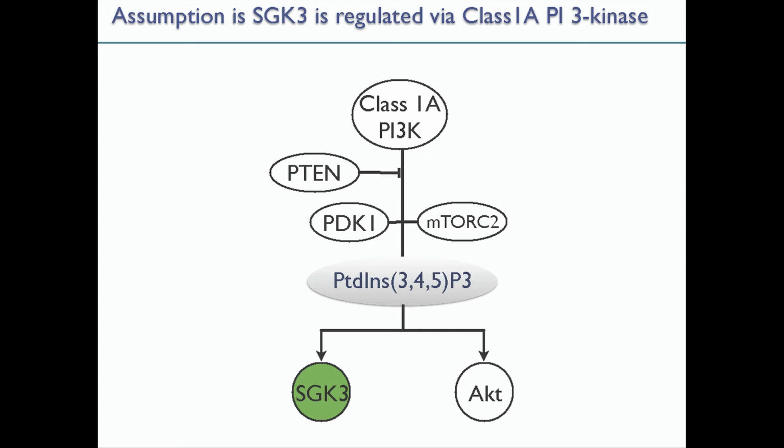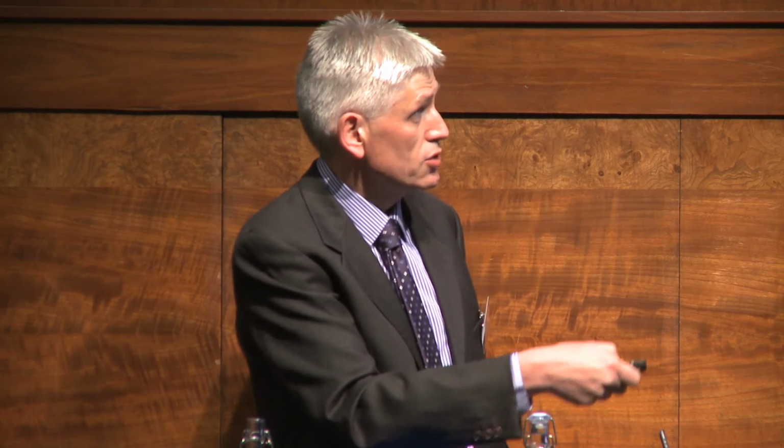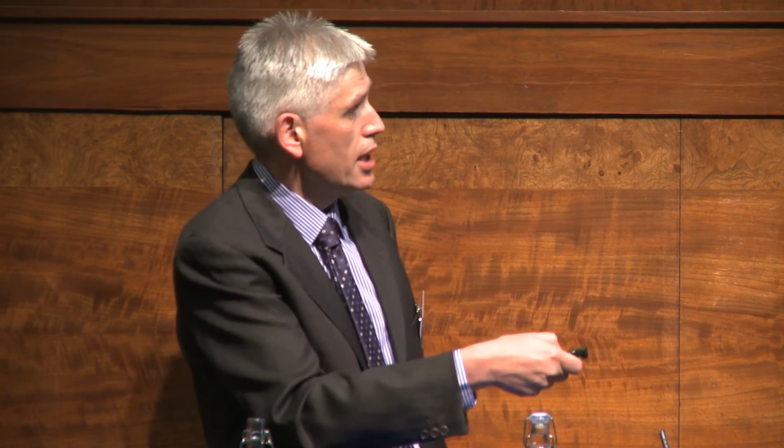The reason we started questioning this assumption is because the key messenger that's produced by PI3 kinases is called PI(3,4,5)P3. It's got 3 phosphate groups on the inositol ring, and this binds to AKT, which has a specific domain called the pleckstrin homology domain that binds to PIP3, and this induces a conformational change that enables it to be activated by PDK1 and mTOR.